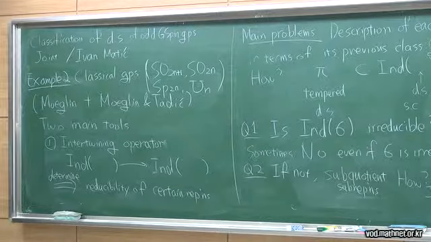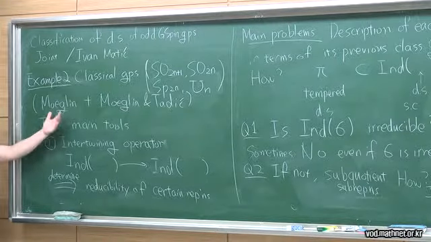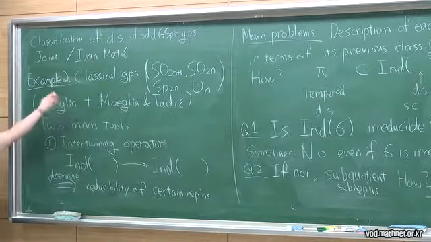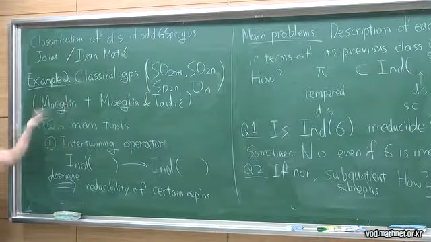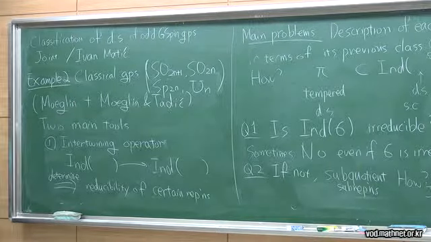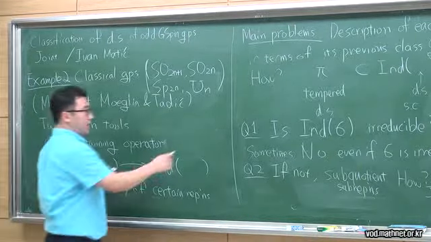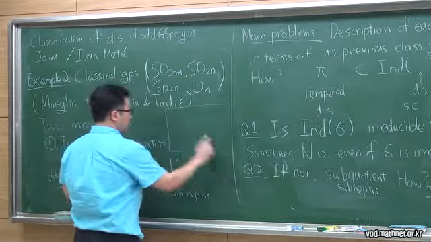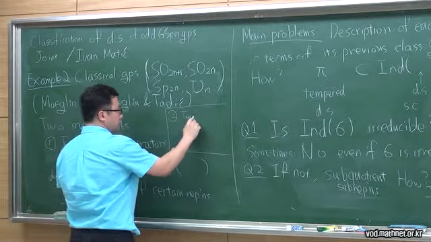This is one main argument when Moeglin got a certain result on the classification of discrete series of the classical groups. The other one that I wrote down already twice is Tadić's structure formula.